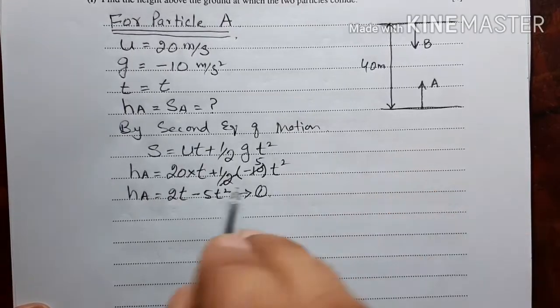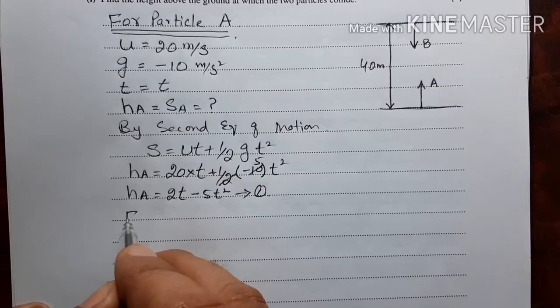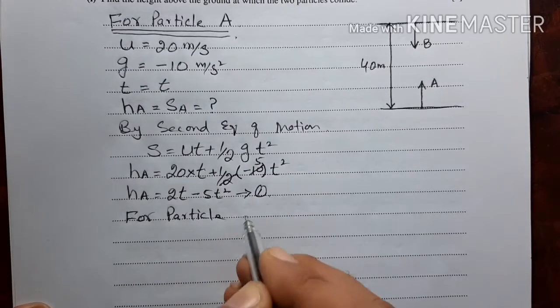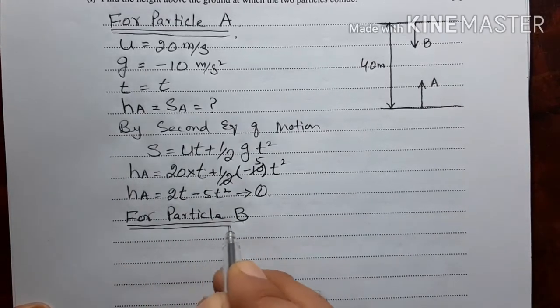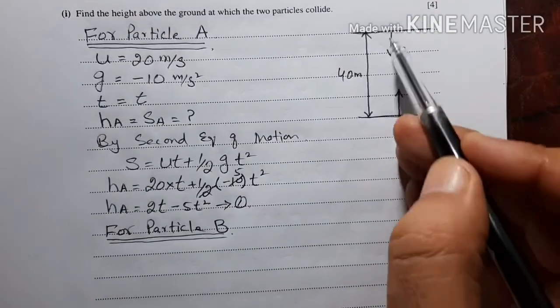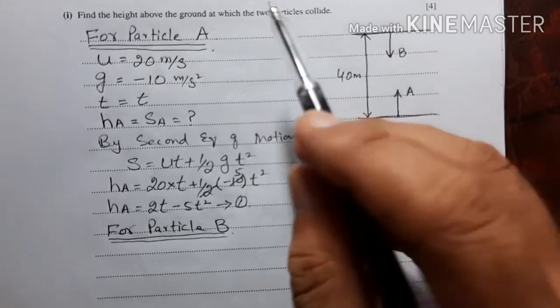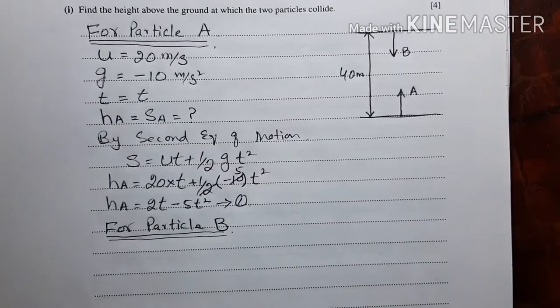Now, for particle B, the particle is actually being dropped from the height 1 second later. Please keep in mind this thing, 1 second later.